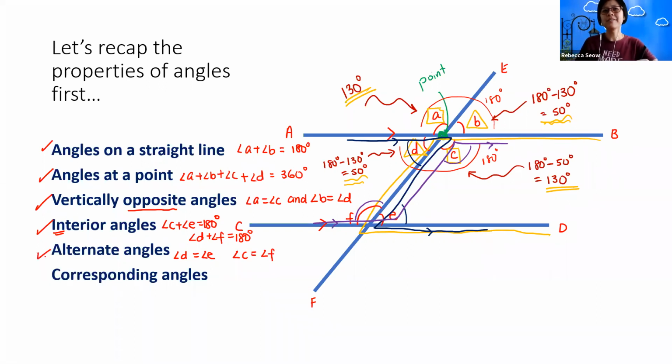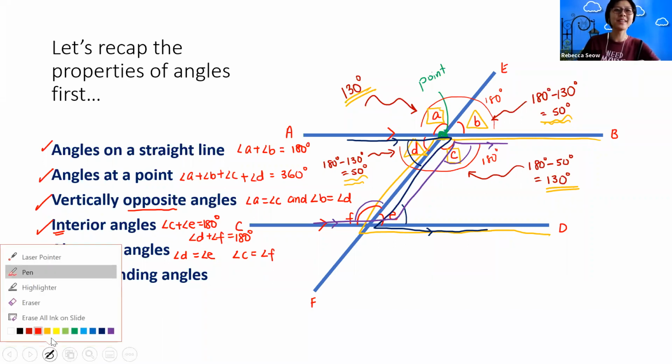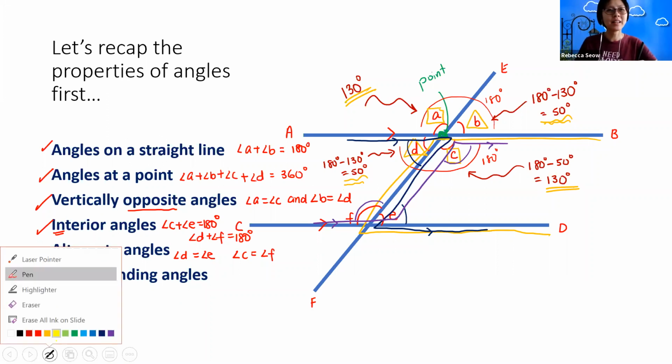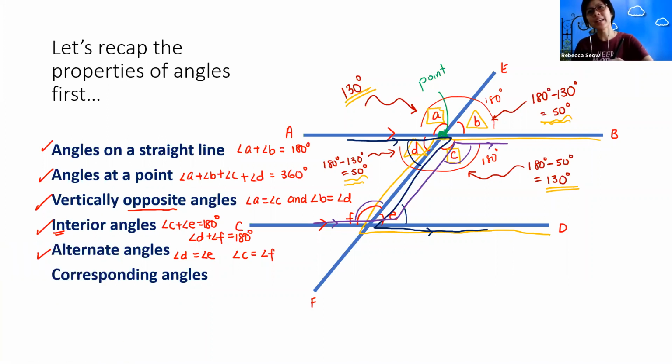Next up, we have corresponding angles. Now for corresponding angles, you have to look out for angles, again, that are located like that, resembling something like the letter F. And of course, the two lines that are stretched across are parallel to each other.